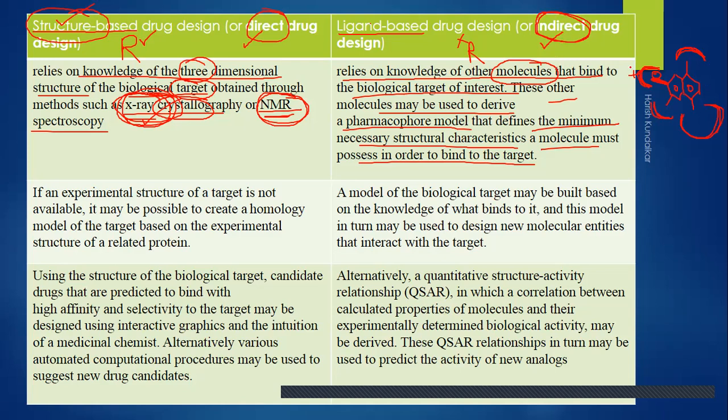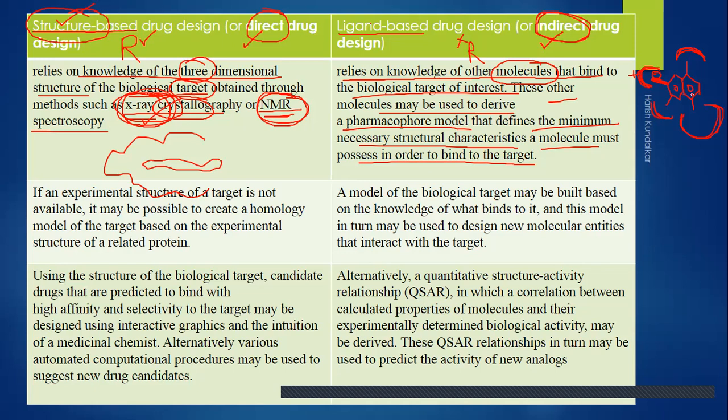Okay. So in receptor-based, structure-based drug design, we know the structure of the receptor, and then we try to design a molecule on the basis of that particular receptor structure. Whereas in ligand-based drug design, we do not know the structure of the receptor. We just know the structure of the ligands which are binding to the receptor.